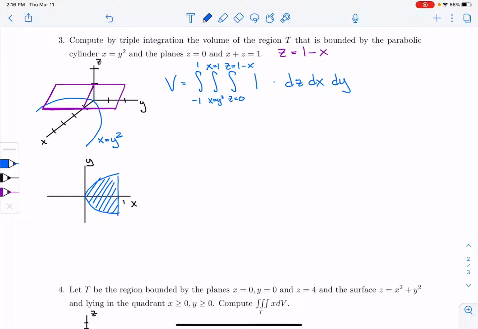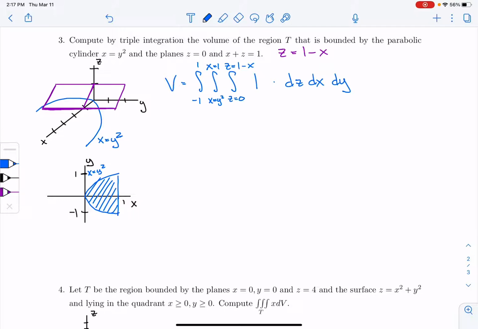That starts at x equals y squared. But then notice that that means that y is between minus 1 and 1. So x goes from y squared to x equals 1. Y is between minus 1 and 1. Sometimes when you're doing these triple integrals, it helps not just to sketch something in 3 dimensions, but also sketch what the xy region might be in 2 dimensions.